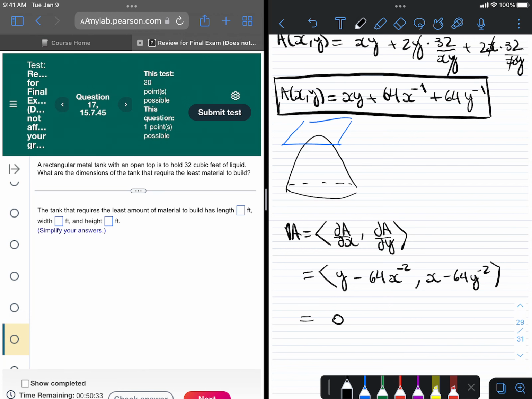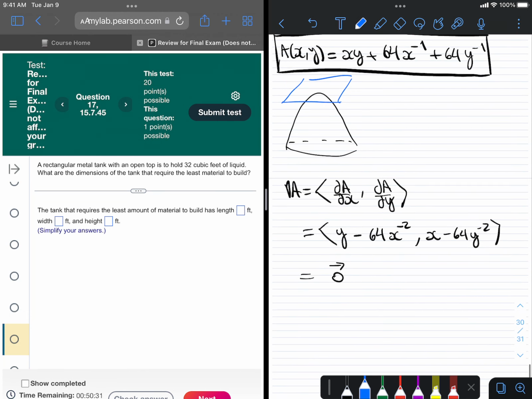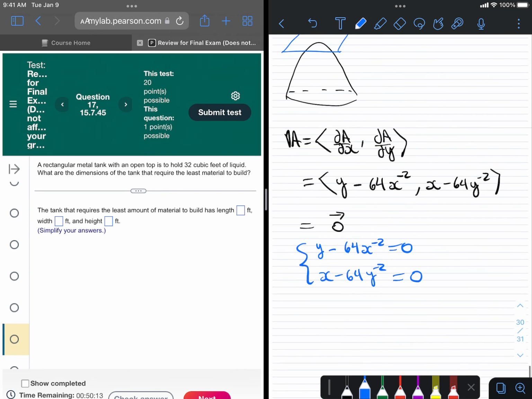For that to be (0, 0), we need both conditions to be satisfied at once. So y minus 64 x to the negative 2 equals 0, and x minus 64 y to the negative 2 equals 0. So that's a nonlinear system of 2 equations. Let's see how well we can resolve this. So maybe using equation number 1, let's see what we get.